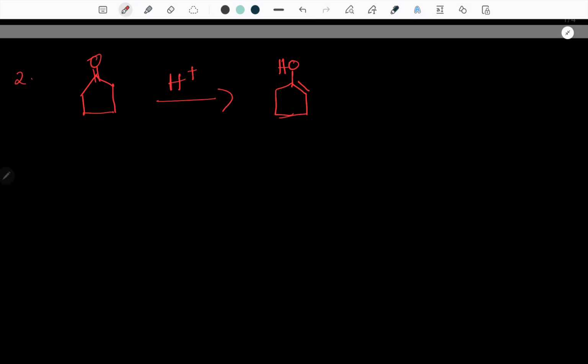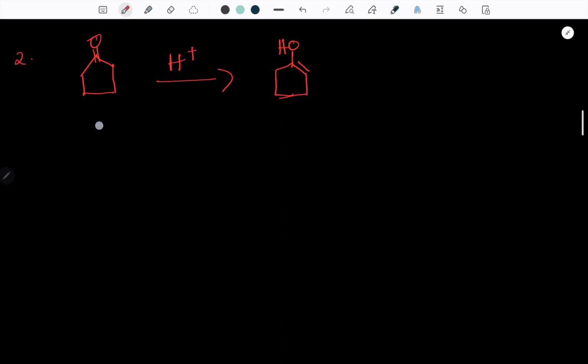Alright, now let us just do the mechanism. So here we have H plus. This is the acid. You can write it in this form or that form, there's no problem. Then here, one lone pair will come and attack the hydrogen, breaking this bond.